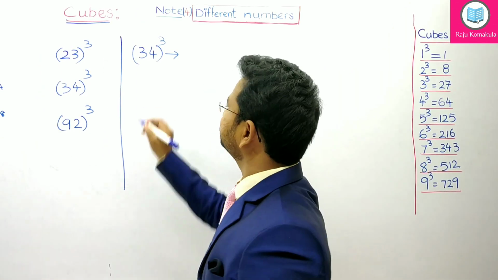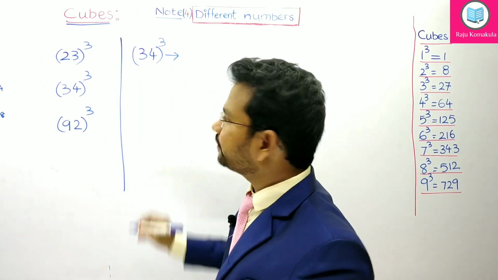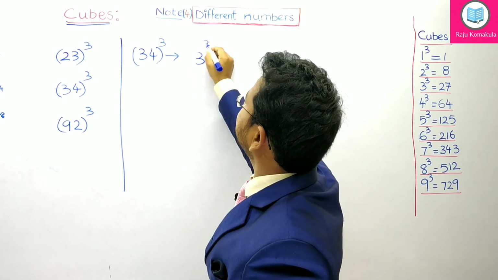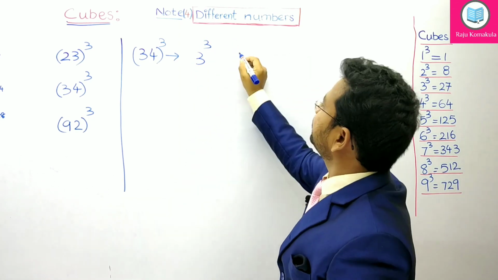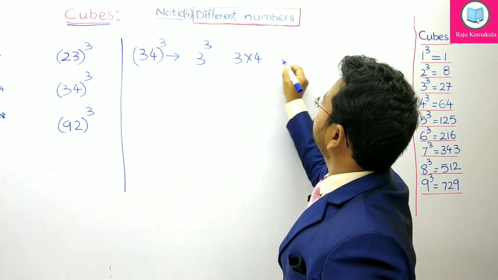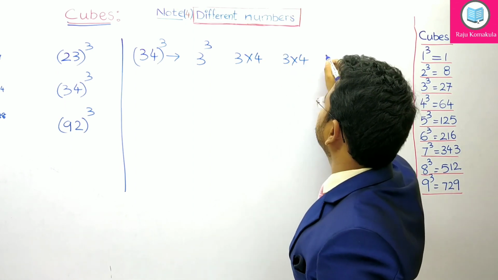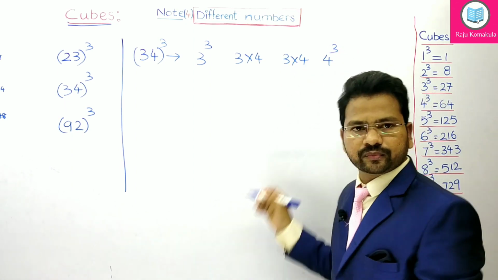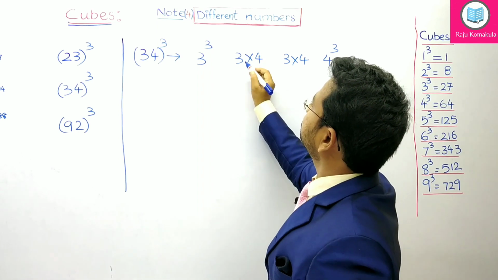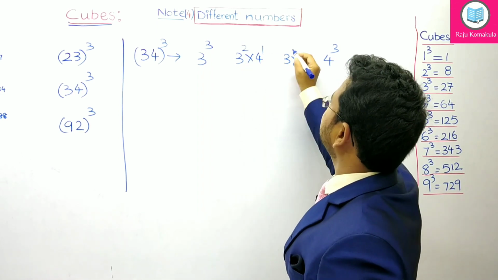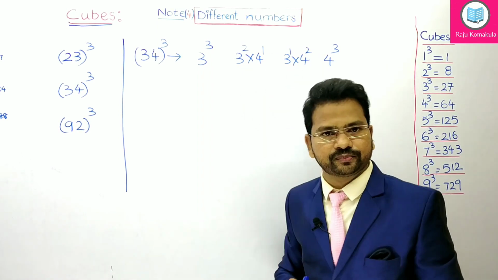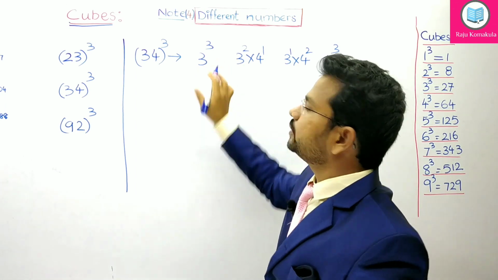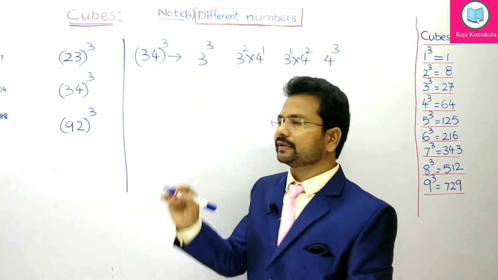Now 34 cube. Okay, so write now 3 cube. In the middle 3 into 4, 3 into 4, and the last one 4 cube. Okay, so here 3 power 2, 4 power 1, and 3 power 1, 4 power 2. I am writing. What is the cube of 3? 27.